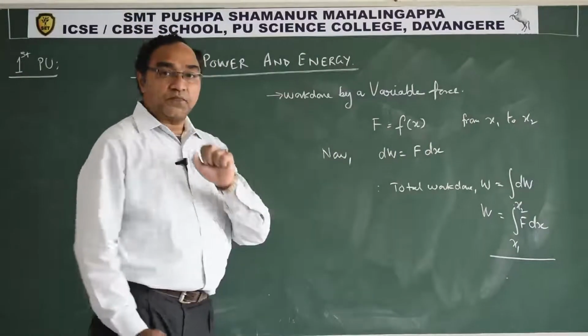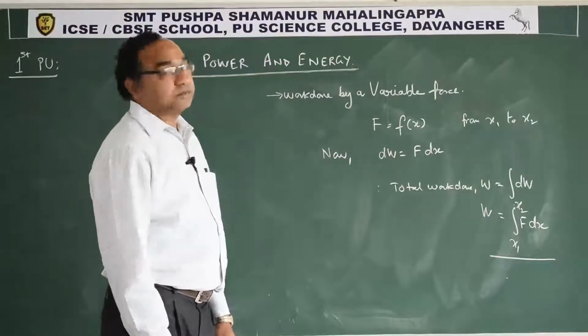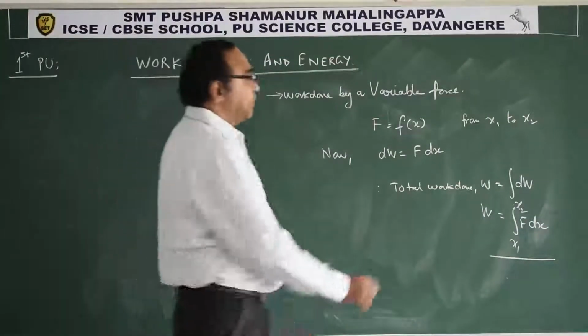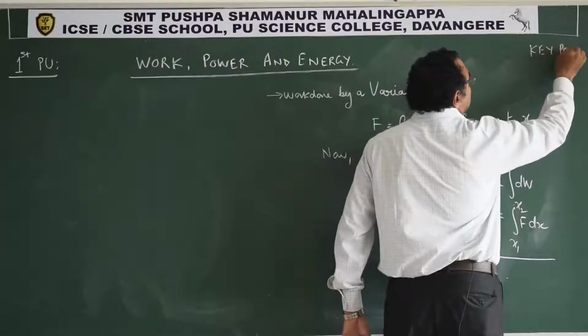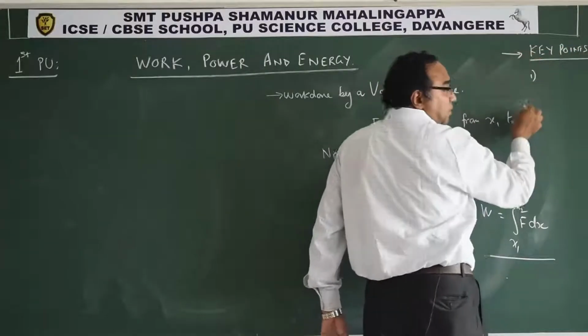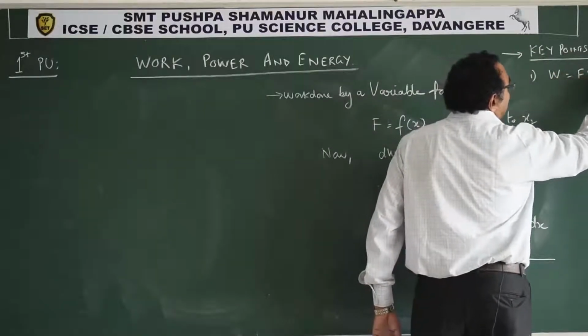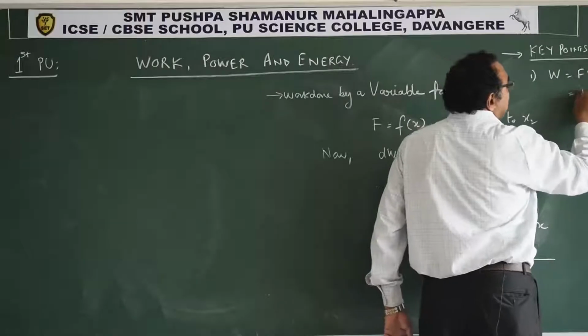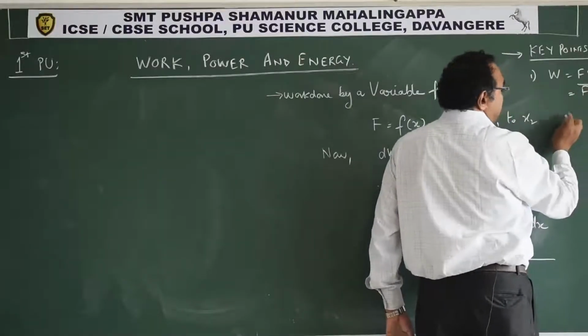So students, as a key point to remember, just you can remember these key points. First, you can write work done as F S cos theta, that is same as F dot product with S. This is when the force is a constant one.